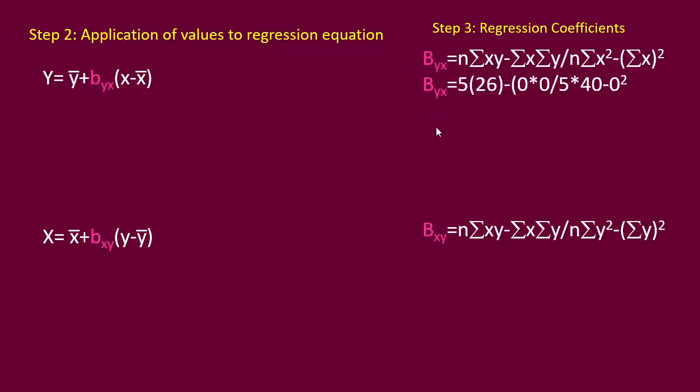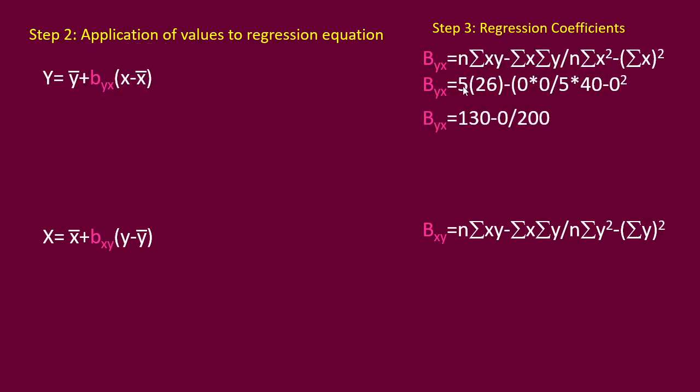So the first is n. The n value is 5. Summation xy from the table it's 26, summation x that is dx second column 0, summation y dy it's 0, again divided by n that is 5, summation x squared the third column that is 40 minus summation x or dx total it's 0 square.